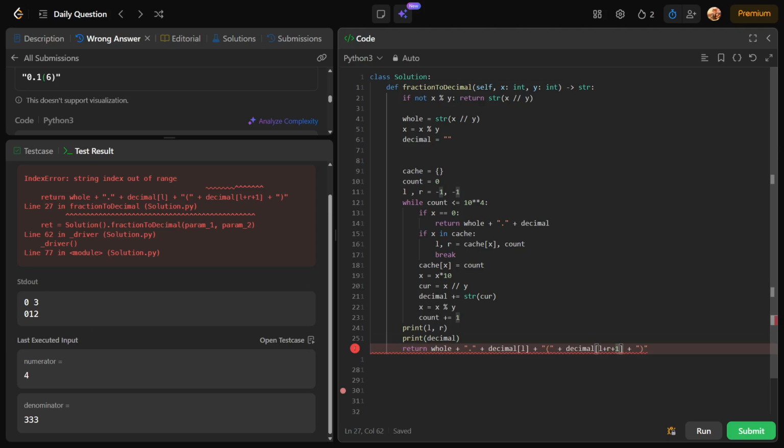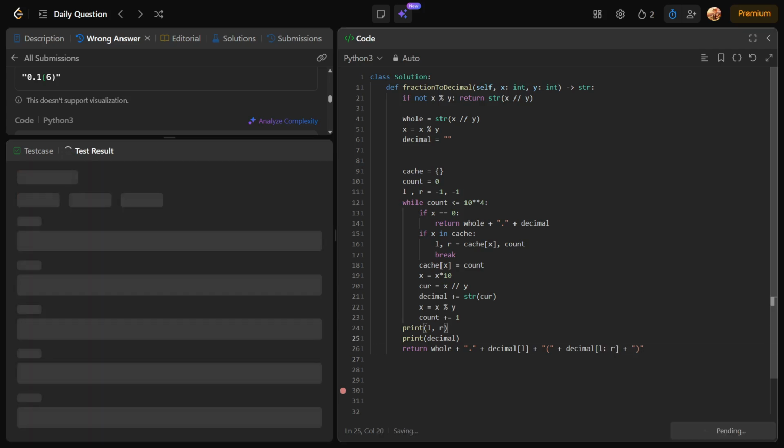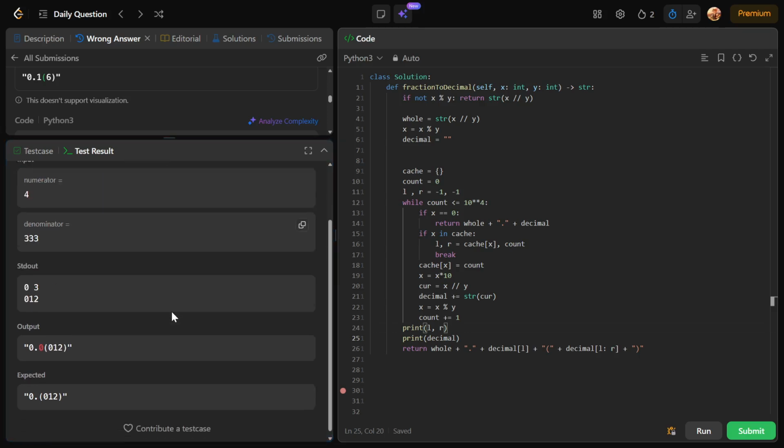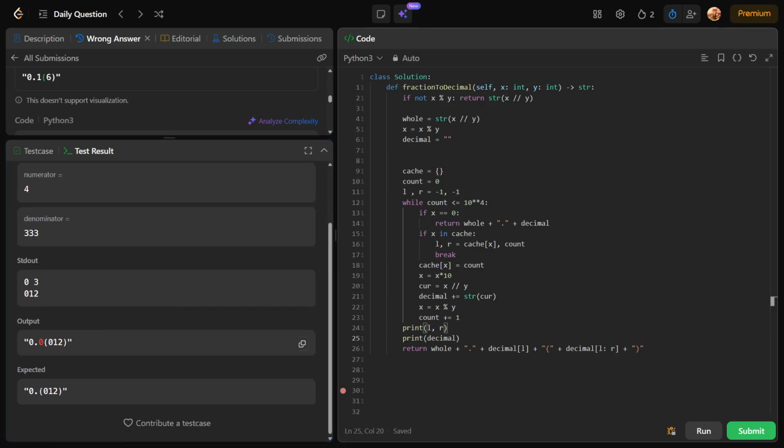I think it's just R. L to R. Okay, let's see what's going on here.